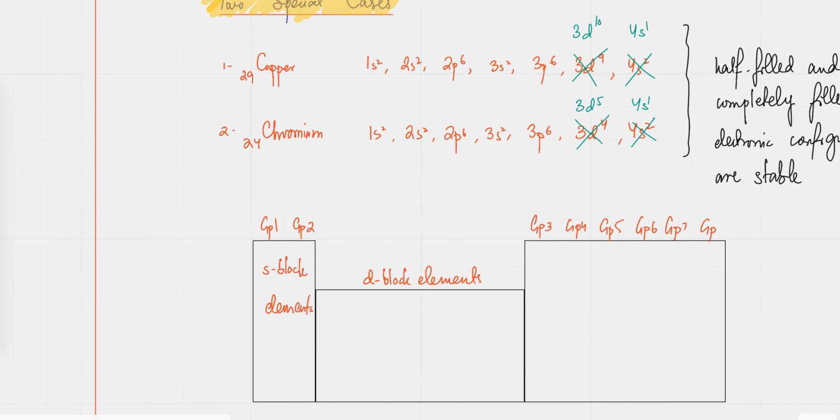From now on, this is 13 actually. In your periodic table, this is 13, this is 14, 15, 16, 17, and 18. These are known as p block elements.